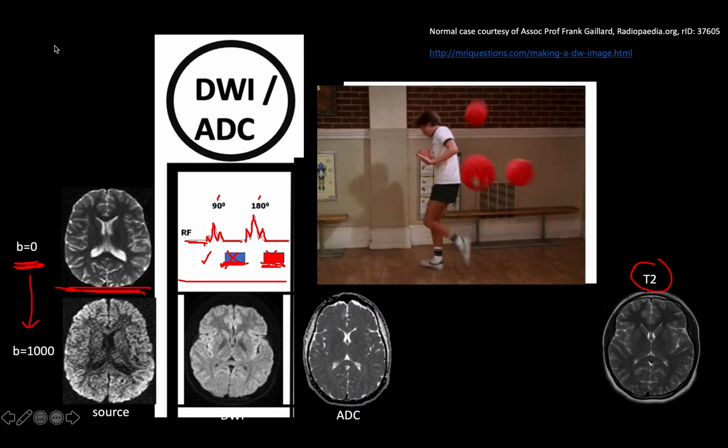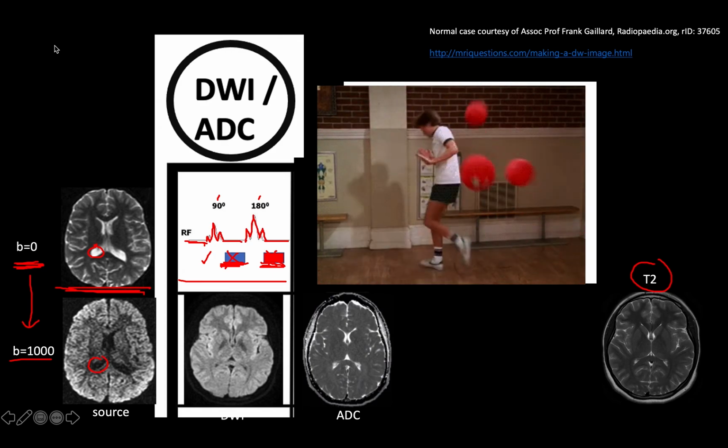Notice here that free water within the ventricles already became dark on this higher B value. This is because the water only gets hit by the first dephasing gradient. It does not get hit by this rephasing gradient, or this red dodgeball.